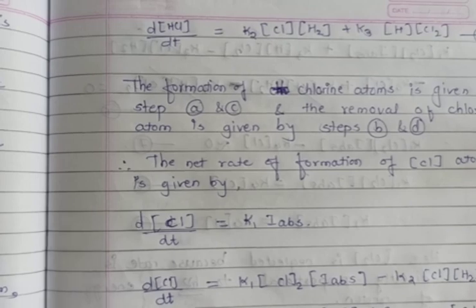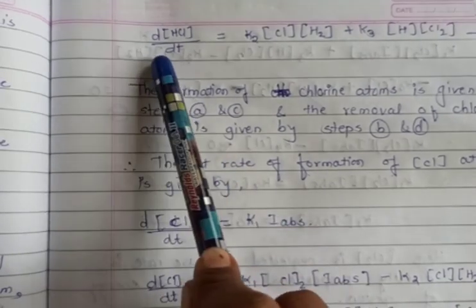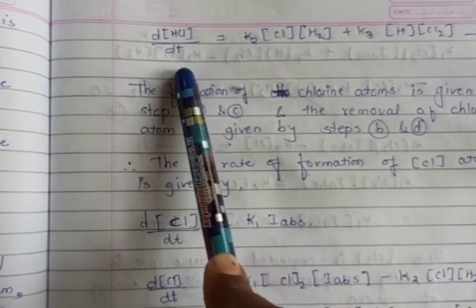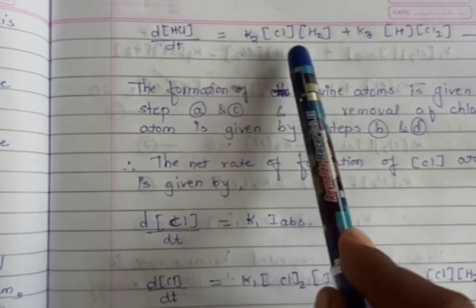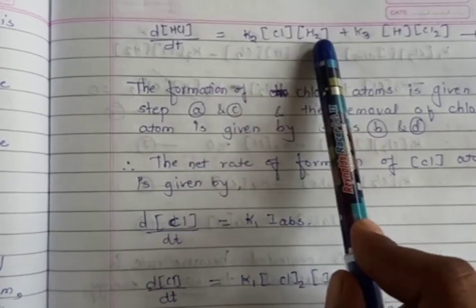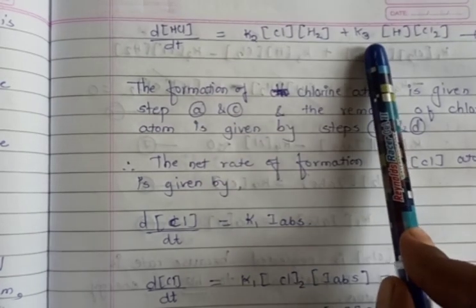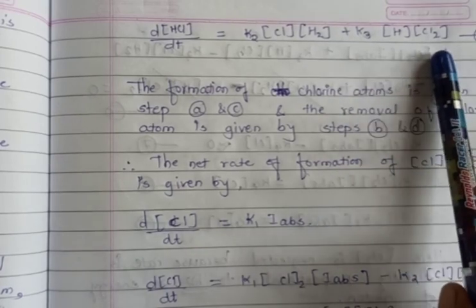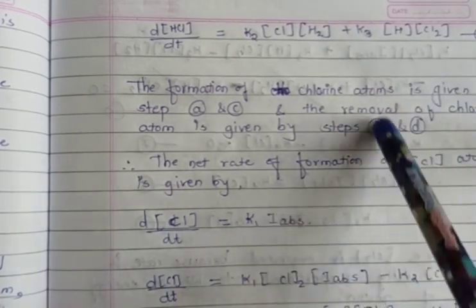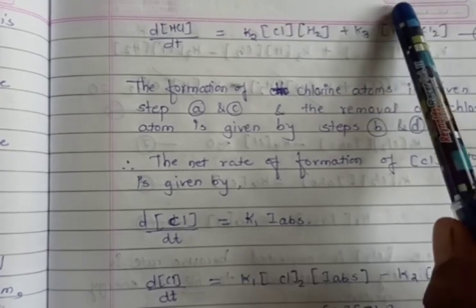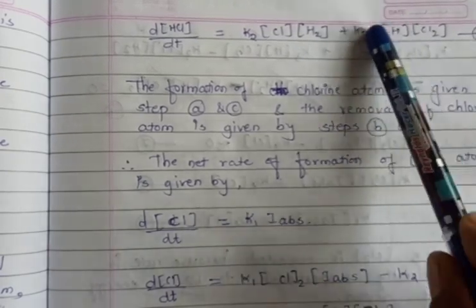I will show you. See, this is our equation number 1. d concentration of HCl divided by dt is equal to K2 into concentration of Cl into concentration of H2 plus K3 into concentration of H into concentration of Cl2. Now we are going to put the concentration of H here.